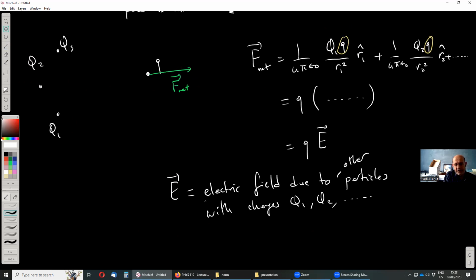So in any case, for this kind of situation, instead of dealing with forces, it's easier to deal with electric fields, basically. So as a result, for every position, every location where we can place a charge, we are going to claim that there is an electric field produced there. And this electric field is due to all the other charges and not that particular charge, all right?